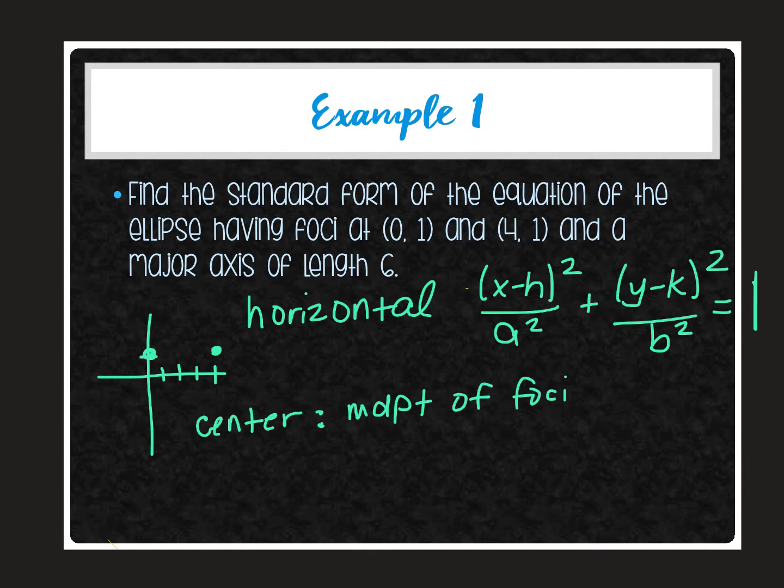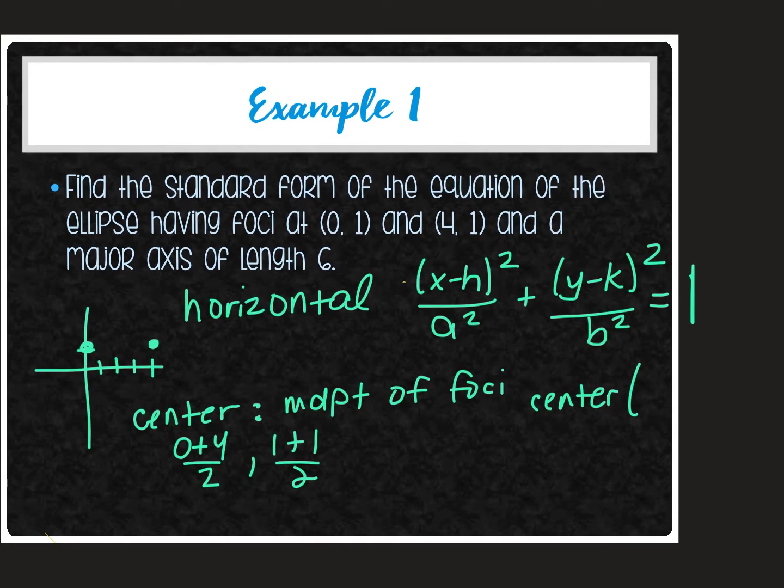So the midpoint would be 0 plus 4 divided by 2, comma, 1 plus 1 divided by 2. Where is the center of this ellipse? 2, 1. Thank you, Bella. 0 plus 4 is 4, divided by 2 is 2. 1 plus 1 is 2, divided by 2 is 1.